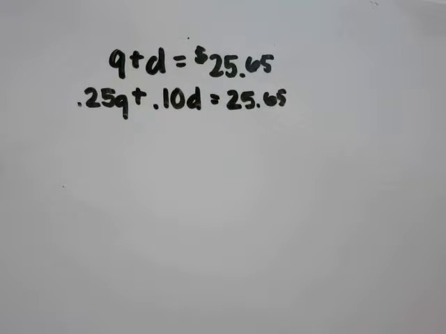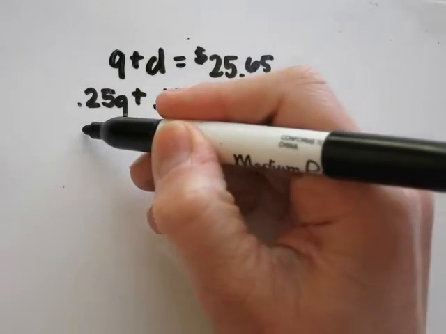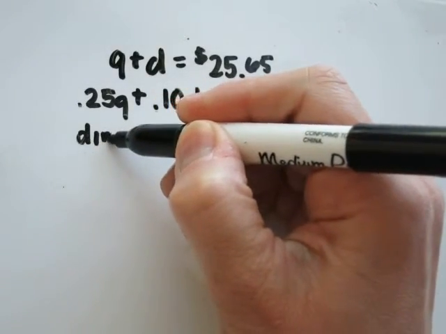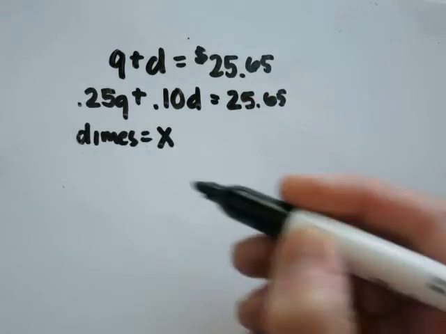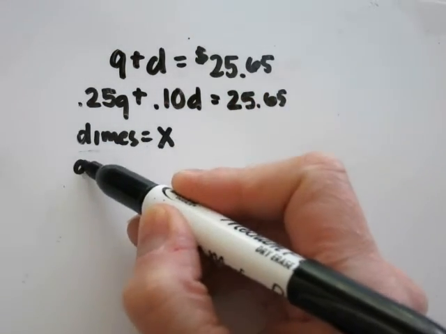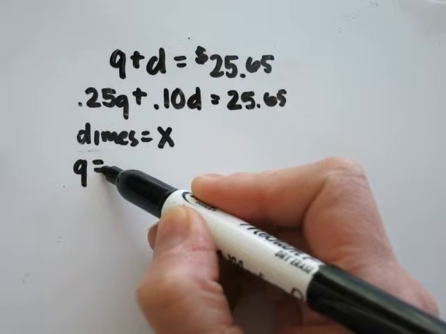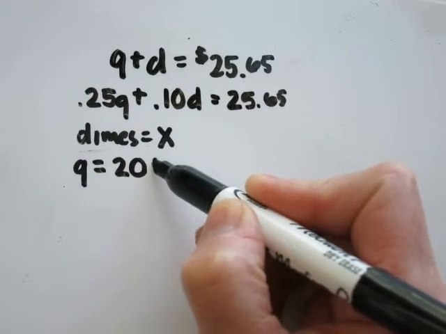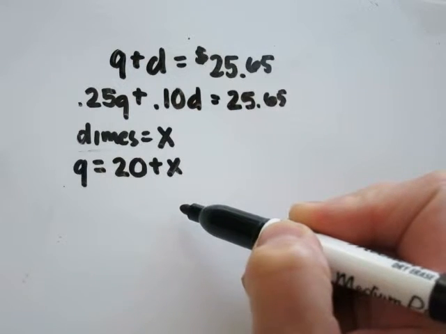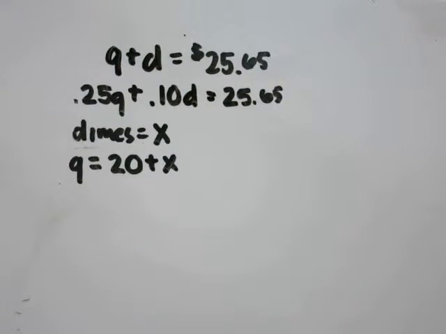The problem wants to know how many dimes are in the piggy bank. So let's say the number of dimes is going to equal X. Problem tells us we have 20 more quarters than dimes, so the amount of quarters is going to equal 20 plus X. So now that we've defined our variables, let's fill them into our equation.